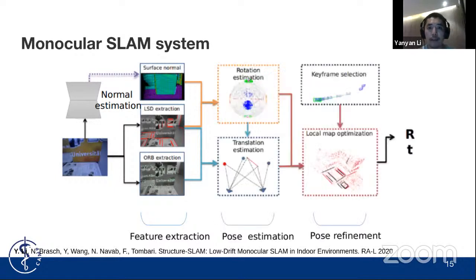Here we propose a unit sphere, and then we try to project those normals onto the sphere. Since they are normal vectors, they will lie on the sphere, and then we make use of a mean shift method to try to cluster them.